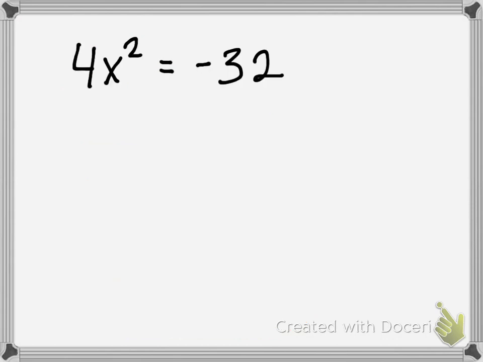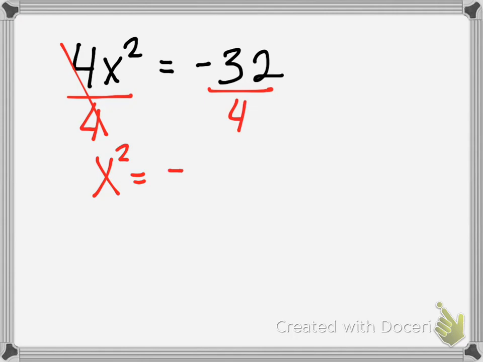One more example on this video right here for you. 4x squared equals negative 32. Again, first thing we have to do is isolate the variable by dividing by 4 on both sides. x squared equals negative 8.